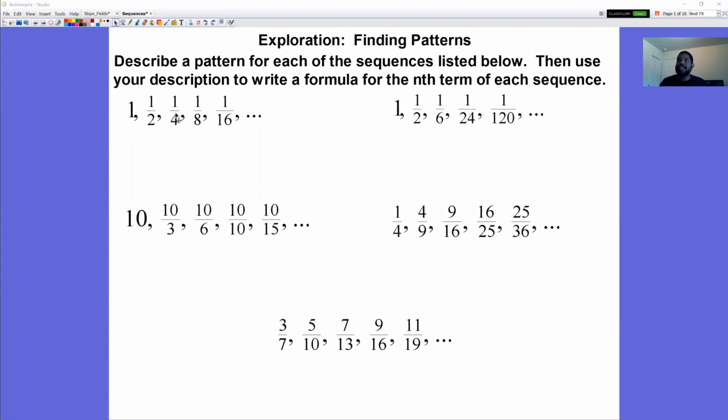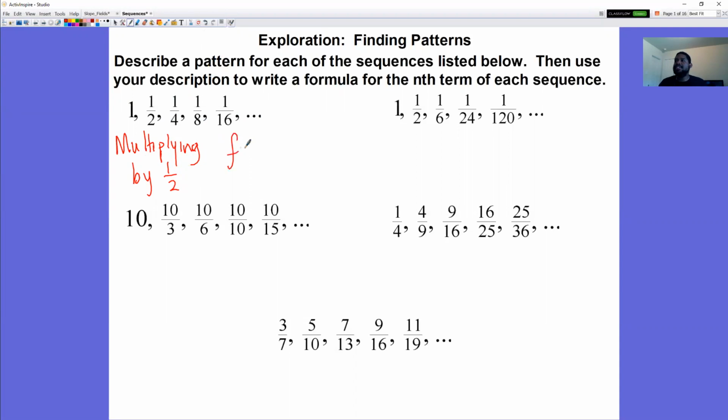So we can clearly describe the pattern as multiplying by 1/2. And so now we got to use the fact that we're multiplying by 1/2 to write a sequence.